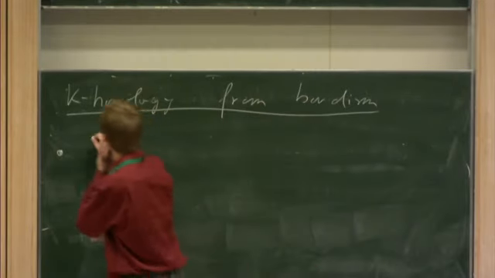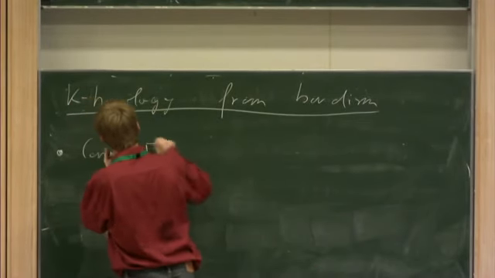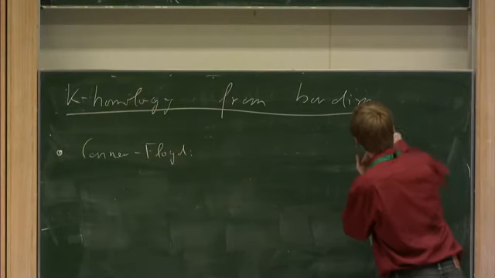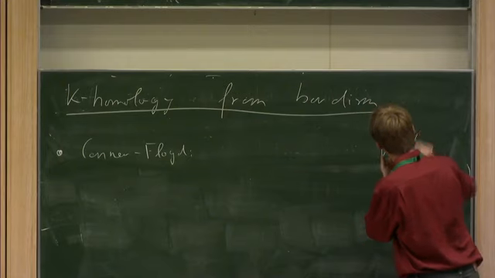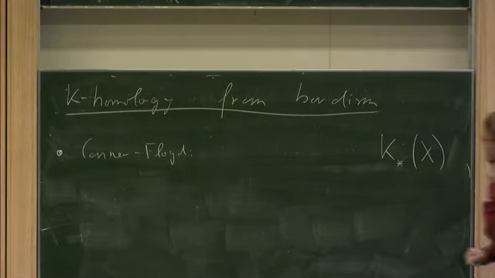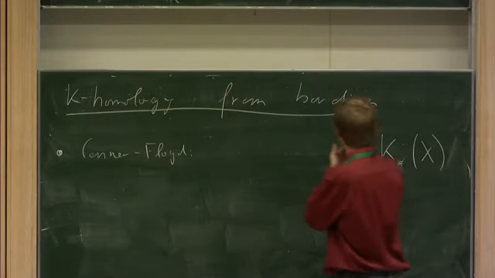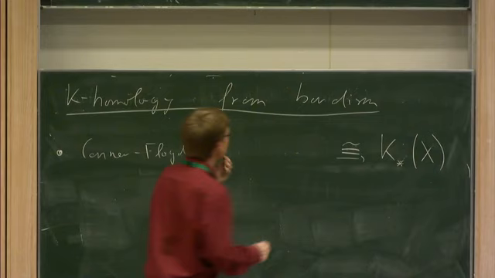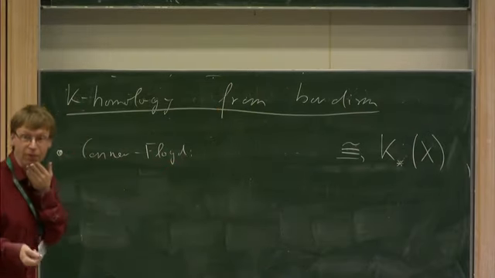Yeah, Conner and Floyd show the following. We want to get K-homology of our space X in a geometric way, and getting it in a geometric way means for them, the canonical isomorphism here, to start with Bordism of the right kind.